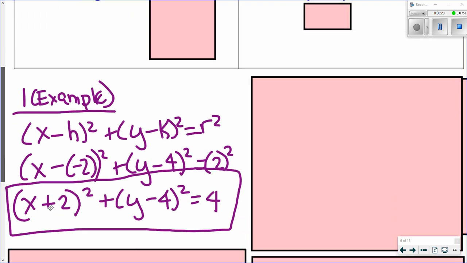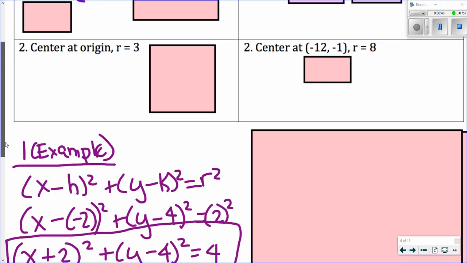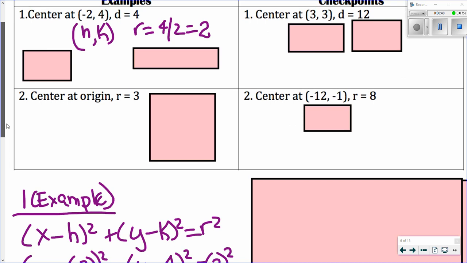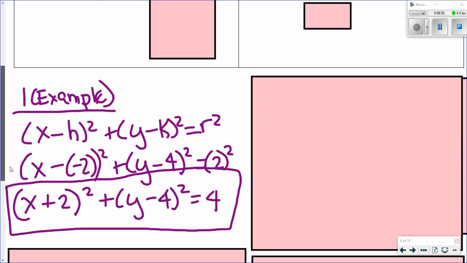We leave it as is. If there's no distributive property happening here, we simplify the radius. So whatever number squared will give us that, and that's our equation of the circle for that given center and radius. That's how we do that.